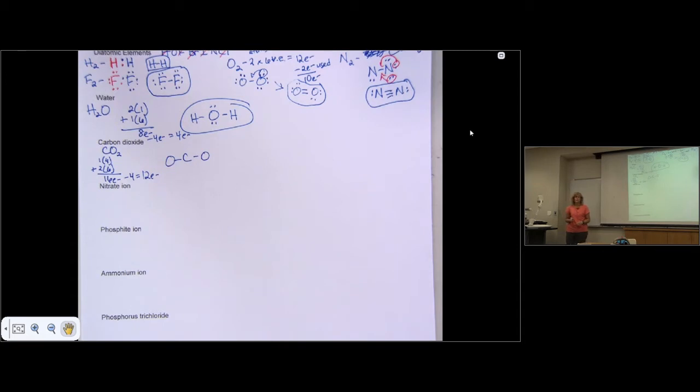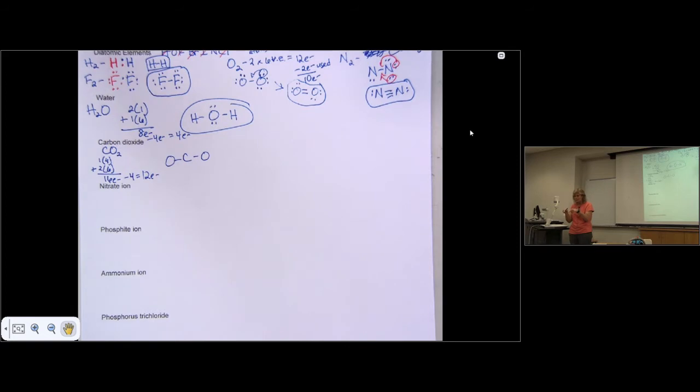What's it say? Give them to the most electronegative atom first. All right, how do you know who the most electronegative atom is? It's oxygen. Now, how do you know that? There's 2 ways you know it. The easy way and then the remember way. What's the easy way? Look at your periodic table.